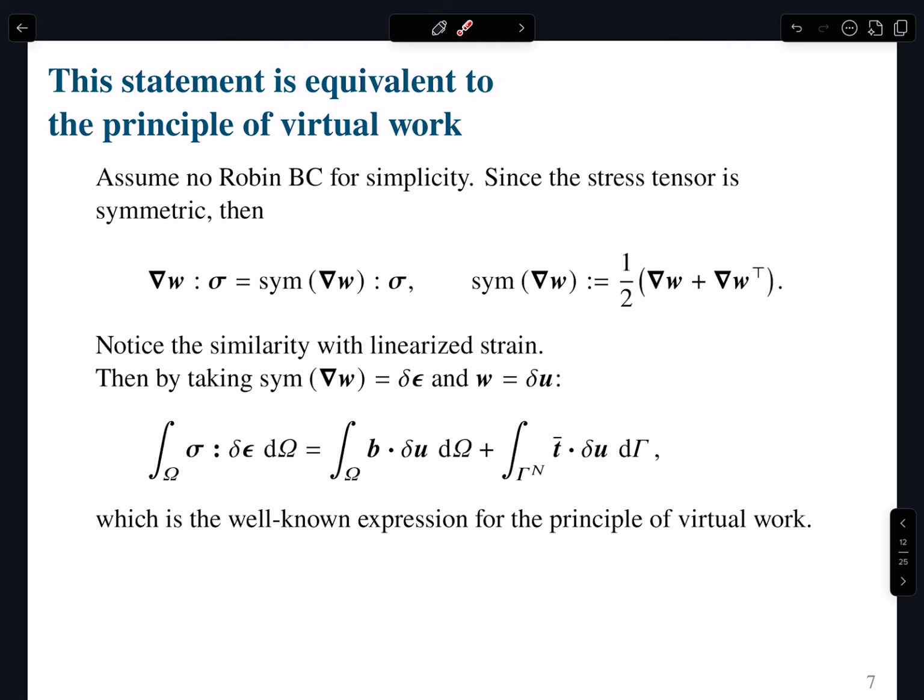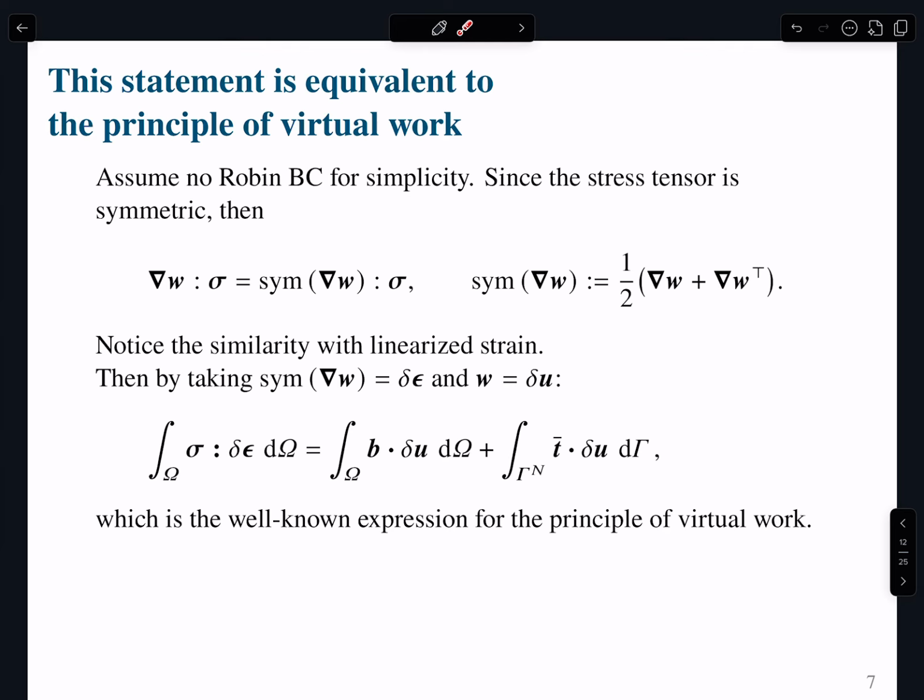So now our statement of variational equilibrium is simpler, right? But here you see that now we have essentially what we already know and we are familiar with, which is the principle of virtual work, right? So this term here is going to be our virtual strain, and everything that you see on the right-hand side of this expression is essentially the work done by external forces, right?